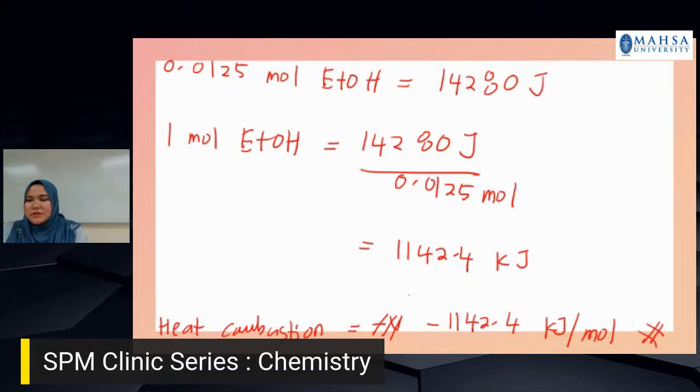The negative sign here, because if you can see in this calculation there are no negative signs, does not indicate minus, but indicates that you will have an exothermic reaction, meaning that you release heat to the surroundings.